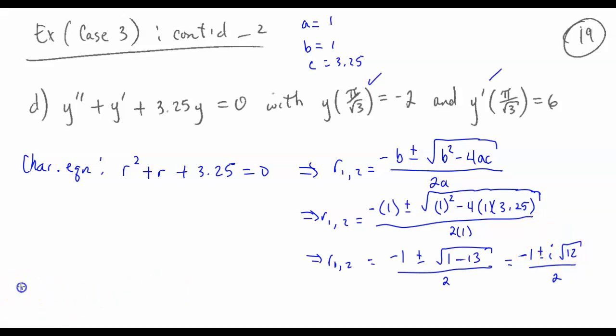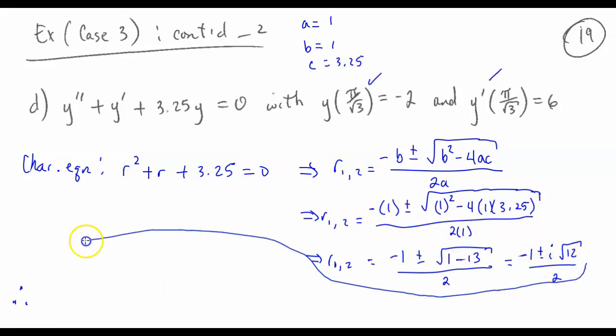I'm going to come back up here. So therefore, we know the square root of 12, we can just rewrite as the square root of 4 times the square root of 3, and the square root of 4 is 2.